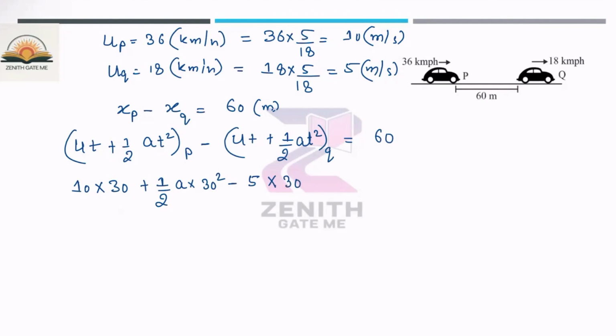Okay, just before the collision means both are moving with the constant velocity. That means the acceleration value will be 0. So here in the case of Q, the acceleration value is 0. So this is equal to 60. From here you will get the value of acceleration. So this is 300 plus half of a into 30 square, minus 150.